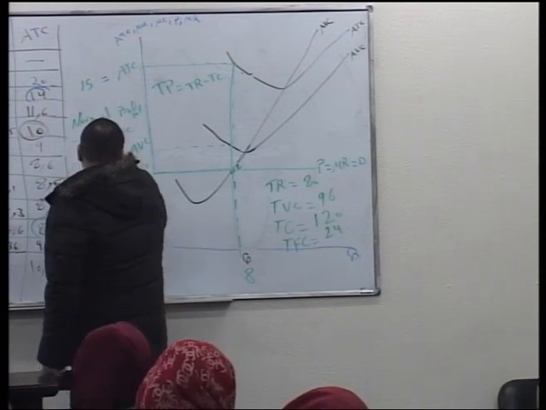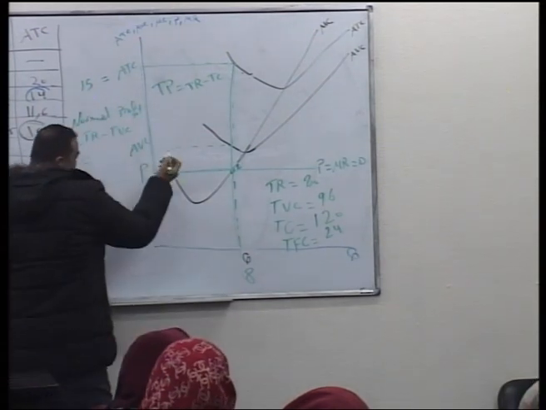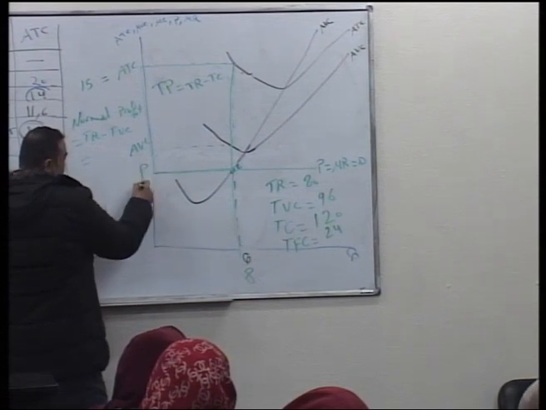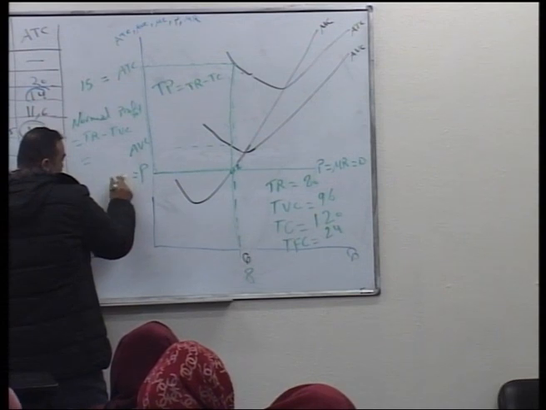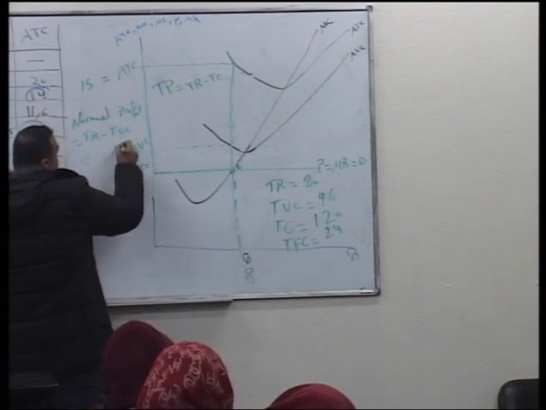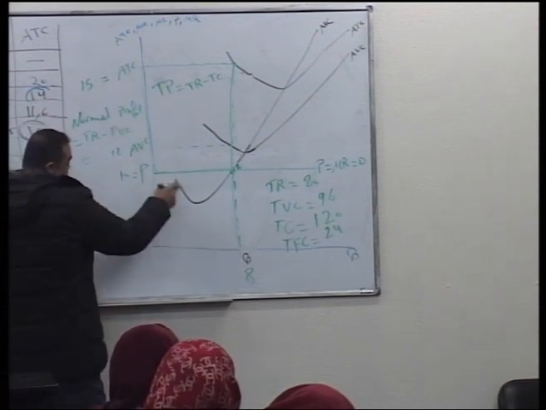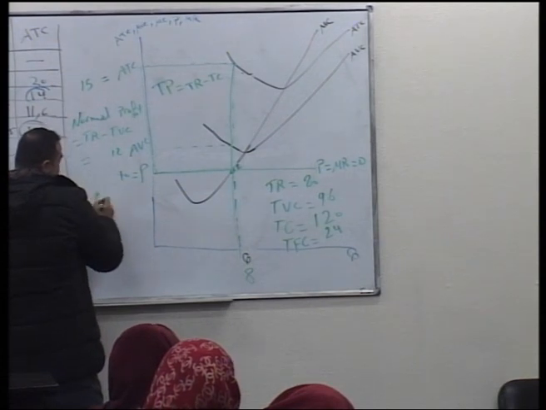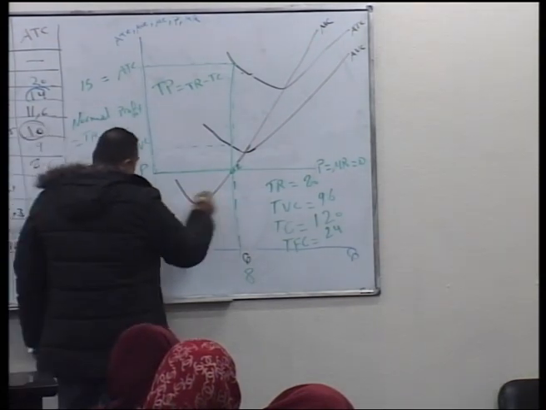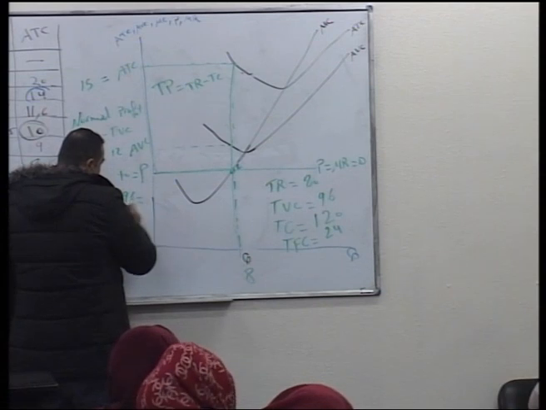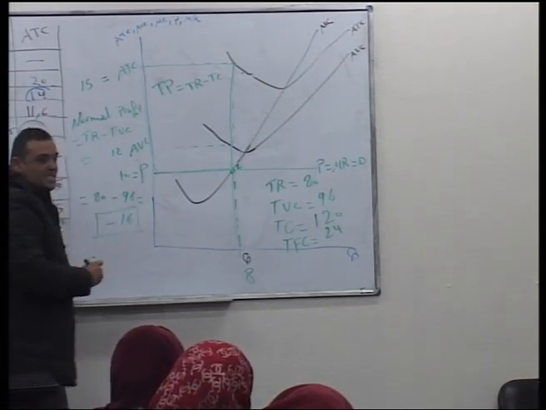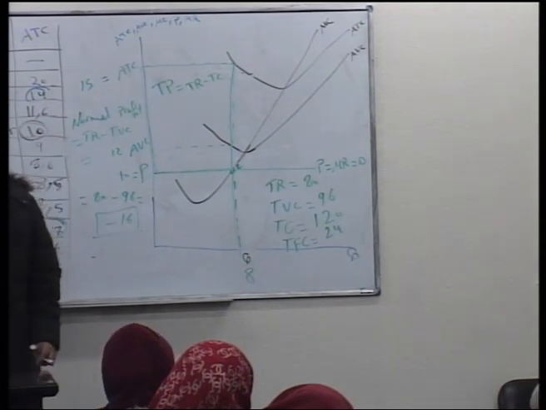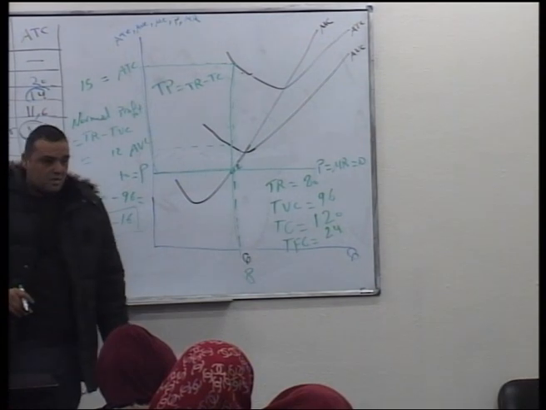How much was the price here? 10, 12, 15. Total revenue 80 minus TVC 96 equals minus 16. This is the normal profit. What about the economic profit? Minus 40 as we said.